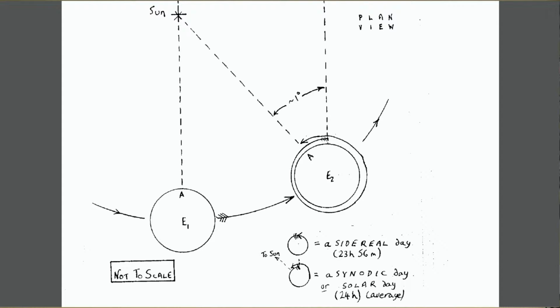Let's go from A all the way around like that. What are we actually going to do? We're going to go around to there. It's at the 12 o'clock position. So can you see on the diagram, if you just waited 23 hours and 56 minutes, you'd be back to that point there. You wouldn't be back to pointing at the sun. It would be just pointing vertical again. All right, I should label that point.